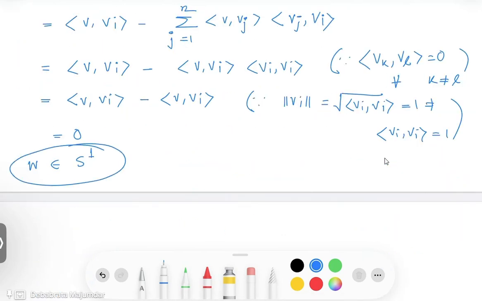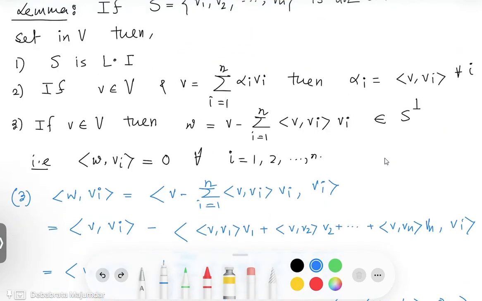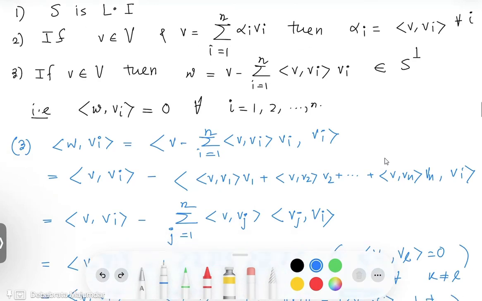So that's why w belongs to S bar. So now can you do the second part?